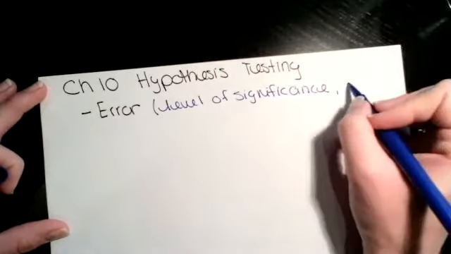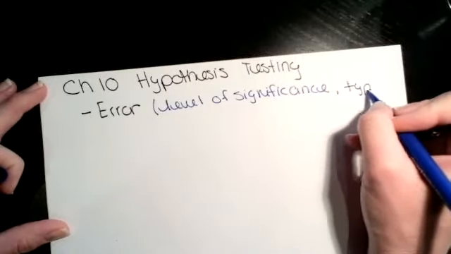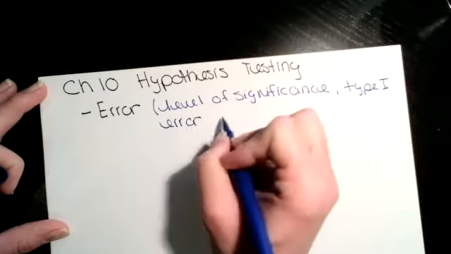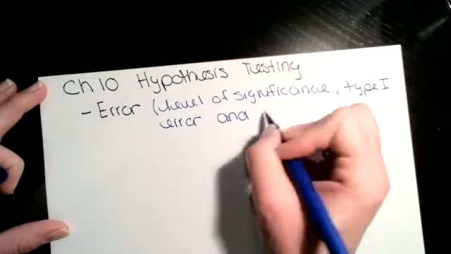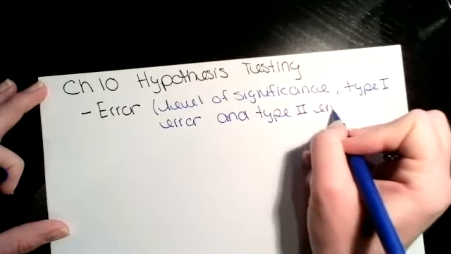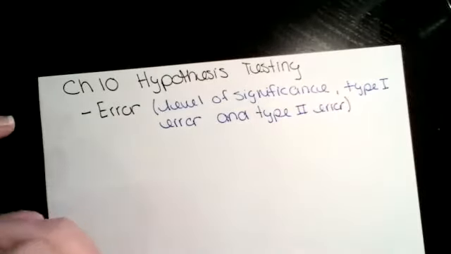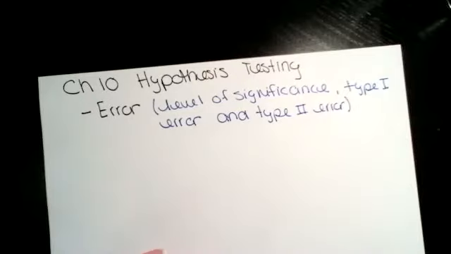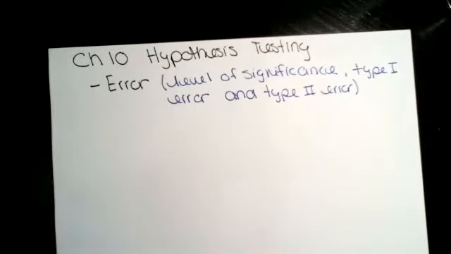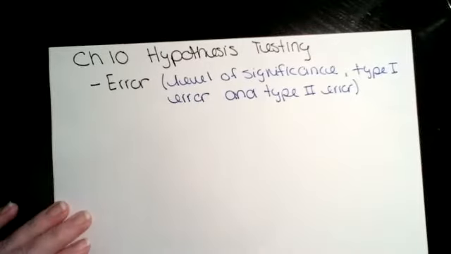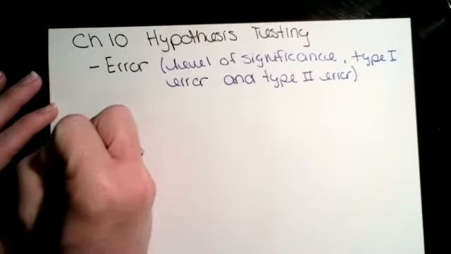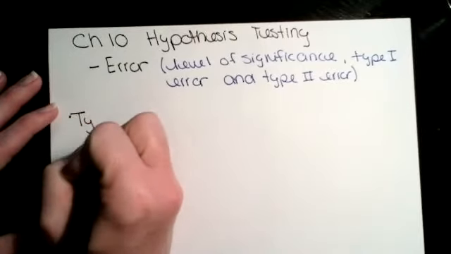And we're going to look at what we call a type 1 error and a type 2 error. Okay, and when those may occur. So of course, when completing hypothesis testing, there's always that possibility of an error occurring. So let's talk about this type 1 error first.